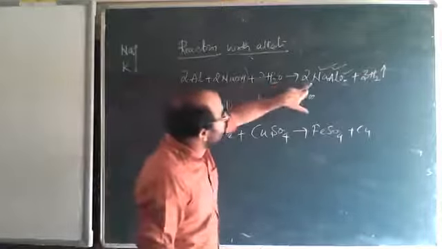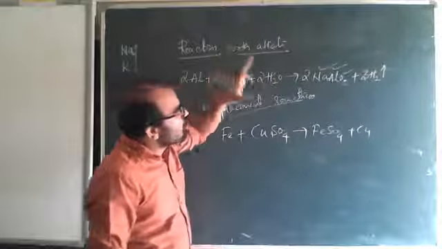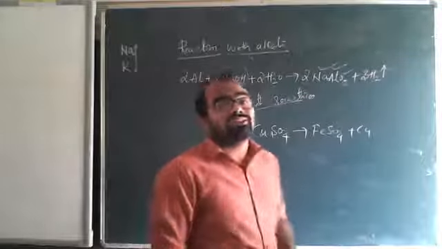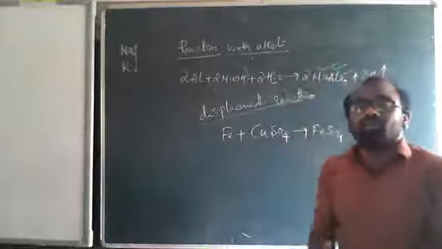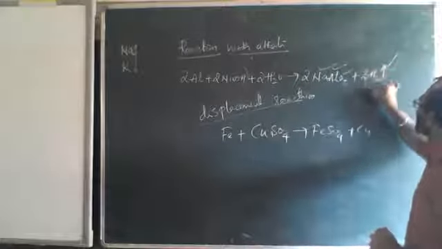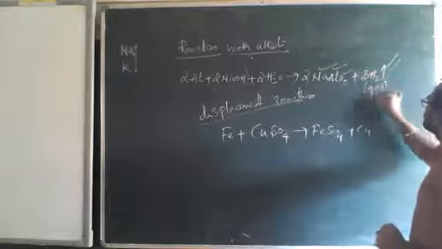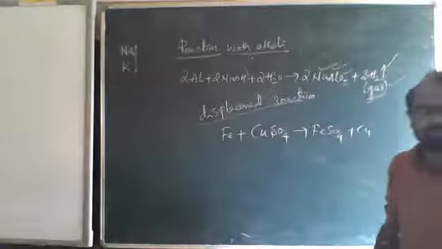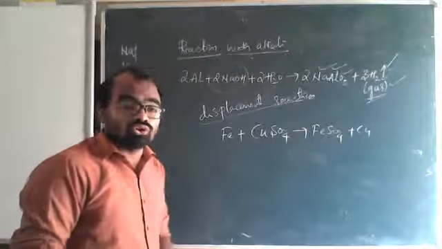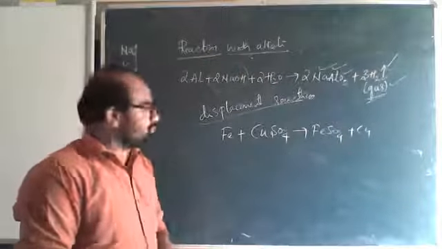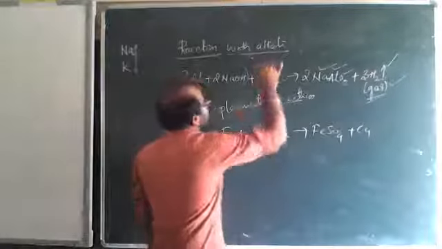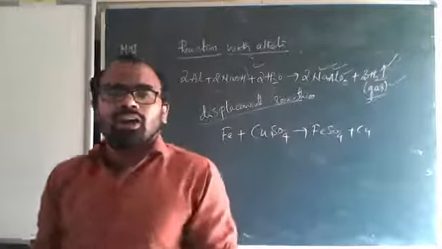So what is it producing? Sodium aluminium oxide, as well as hydrogen gas is also liberating. Here you can see this liberation symbol is a gas. So hydrogen gas is also liberating. You should remember this. Hydrogen gas is also liberating.